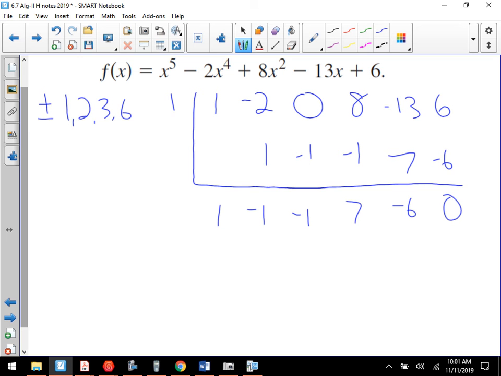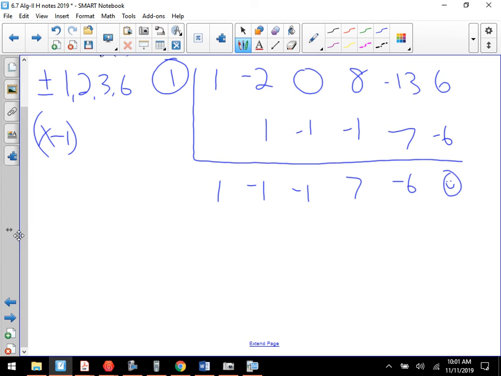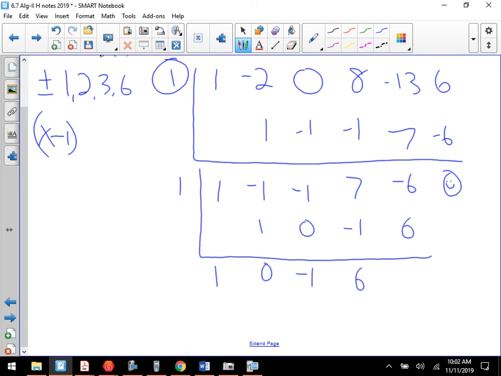Yay! Do it again. So we have a 0 at 1. Wait, do it again. We're checking for multiplicity by doing it again. 1, 1, 0, 0, -1, -1, 6, 6, 0.